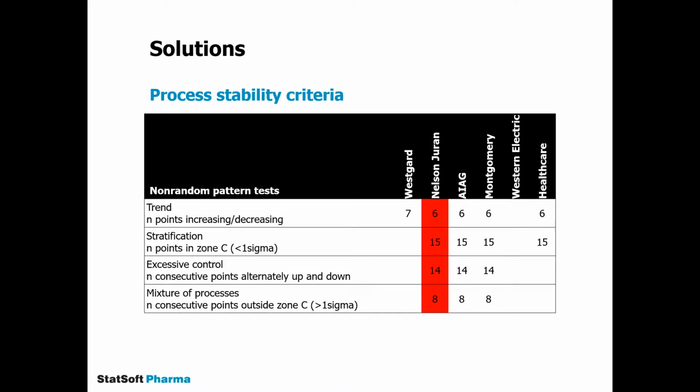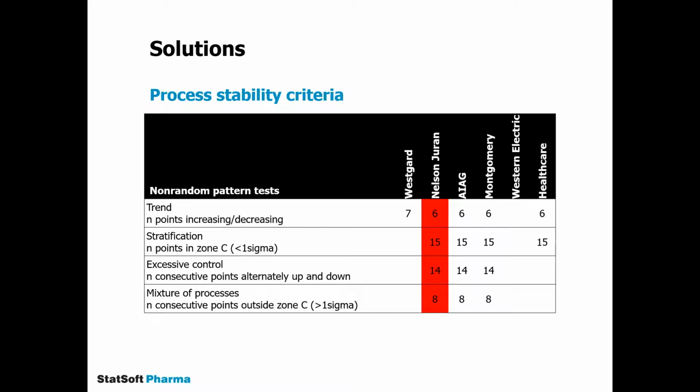In addition to zone tests, there are non-random patterns tests listed in the table that may indicate special causes of variation as well. Test trend: 6 points increasing or decreasing, and it indicates a process that is trending in one direction. Stratification: 8 consecutive points outside zone C, above 1 sigma. May occur when you collect separate samples from multiple processes.